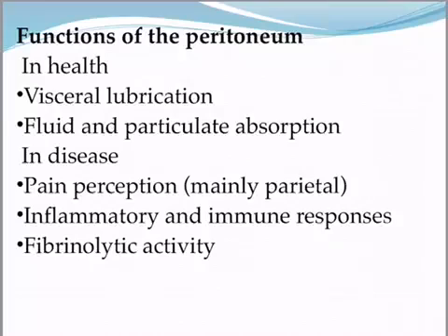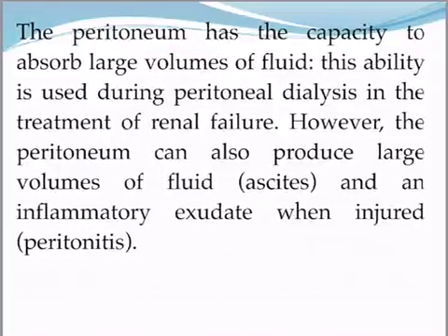So the function of the peritoneum can be summarized: in a healthy subject, it aids visceral lubrication and aids fluid and particulate absorption. In disease processes, it is responsible for pain perception, inflammatory and immune responses, and it has fibrinolytic activity.